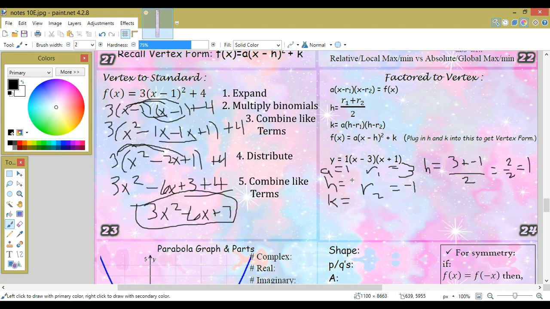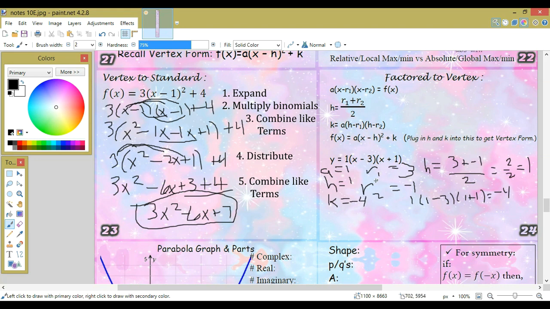So H equals 1. To find K, just plug it into the equation. 1, parentheses 1 minus 3, parentheses 1 plus 1. If you evaluate that, you get -4. So K equals -4.